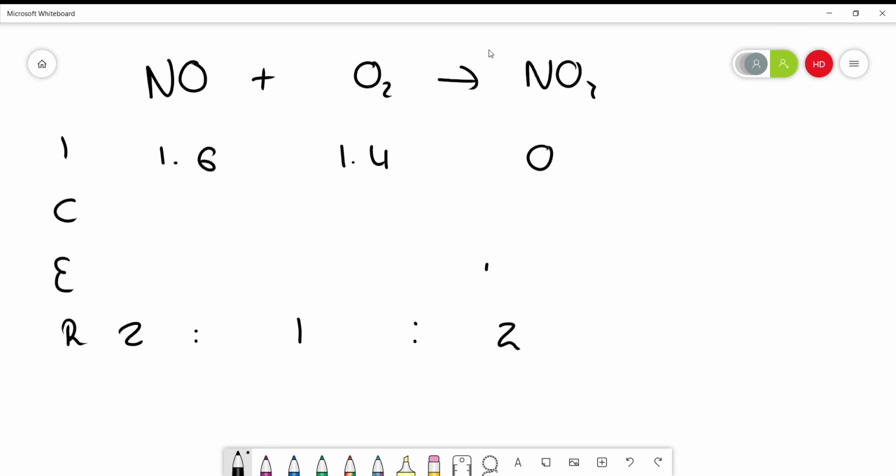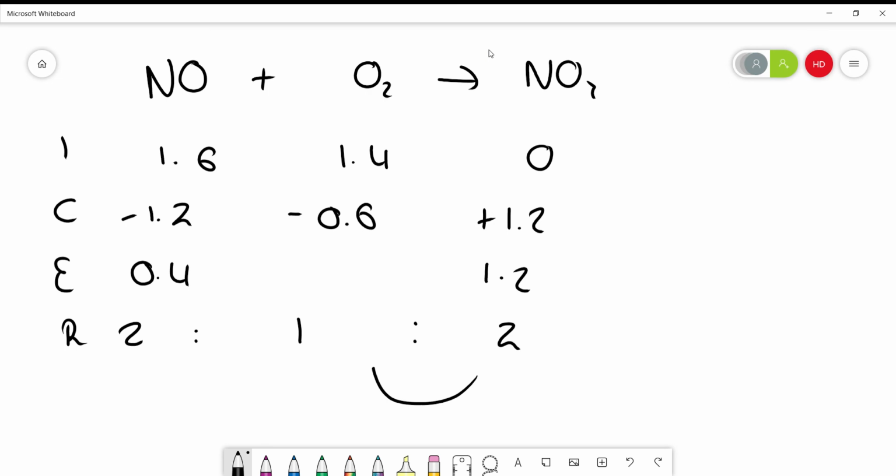You form 1.2, so you've got plus 1.2 of that. That means that you've got minus 1.2 of that because they're the same ratio. So that's 0.4 of that. You're minusing 0.6 of this one because, again, you divide by 2. 1.4 minus 0.6 is 0.8.